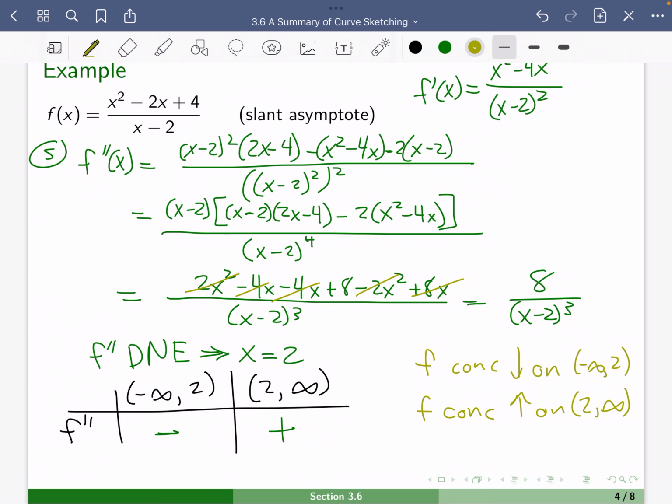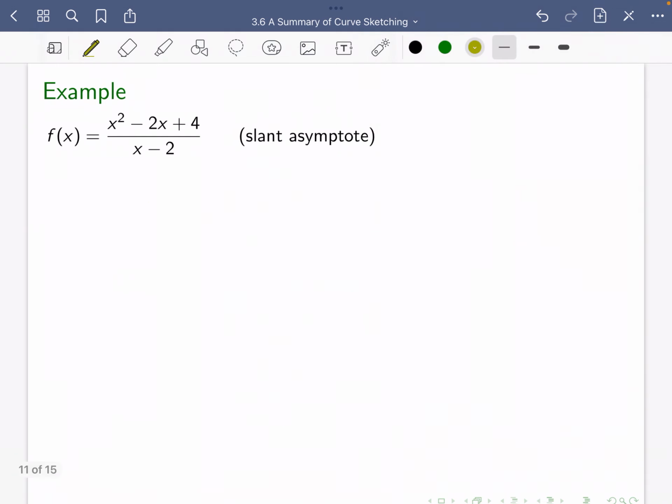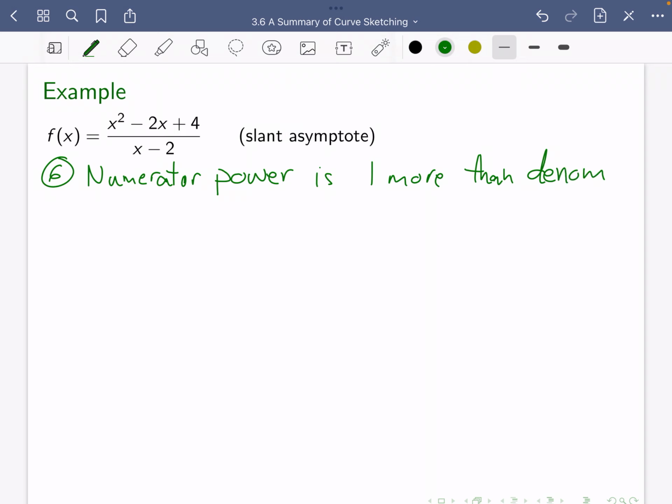All right. Now we need to look at our end behavior. The power of the numerator is 1 more than the denominator power. So there is a slant asymptote. To find that slant asymptote, we will do polynomial long division.